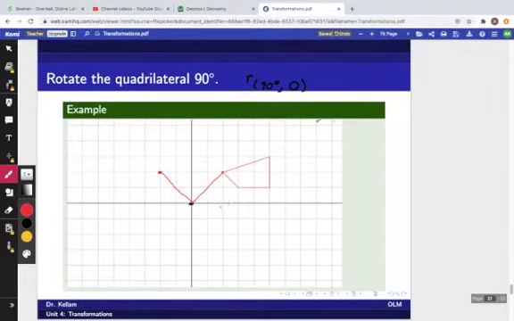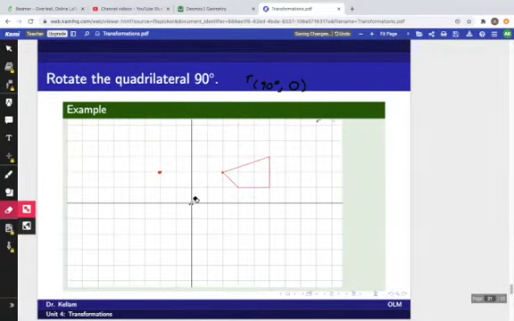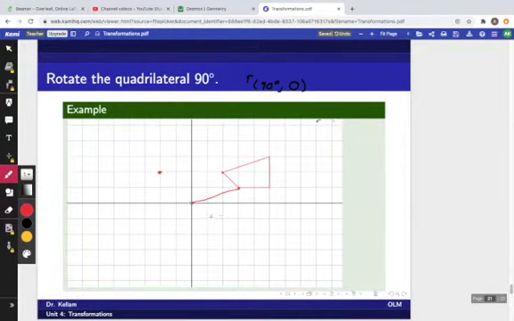Let's look at one that isn't that perfect y equals x. So I'm going to erase this, and we're going to look at this coordinate. This line is the line y equals 1/3 x.